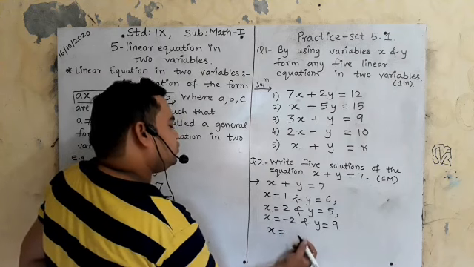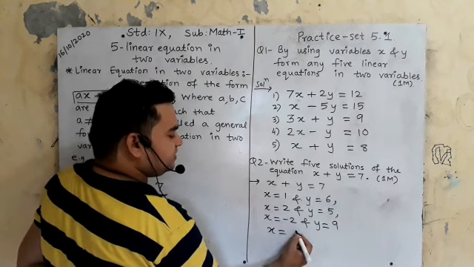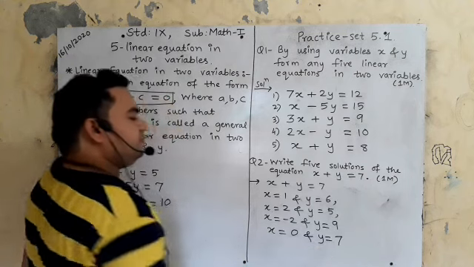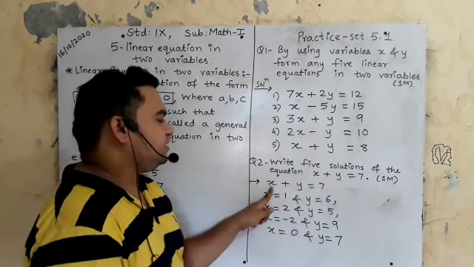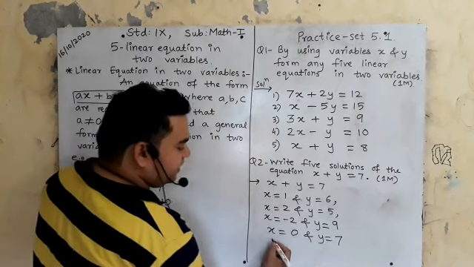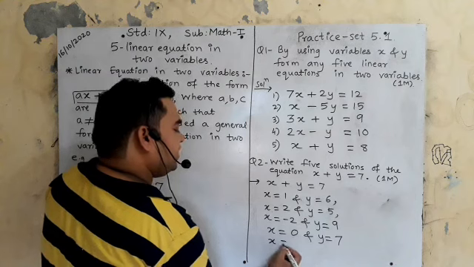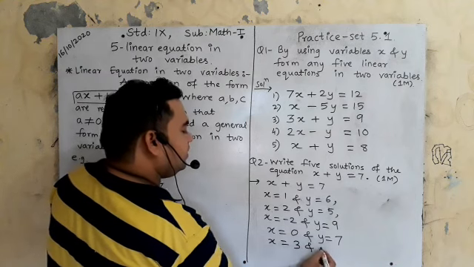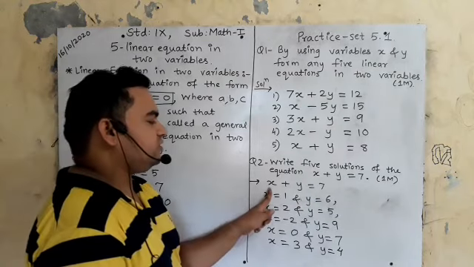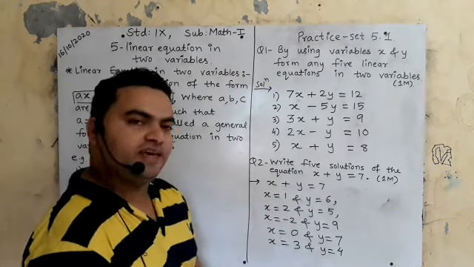If you use x is equal to 0 and y is equal to 7, here 0 plus 7 is equal to 7. Next, if you use x is equal to 3 and y is equal to 4, 3 plus 4 is equal to 7.